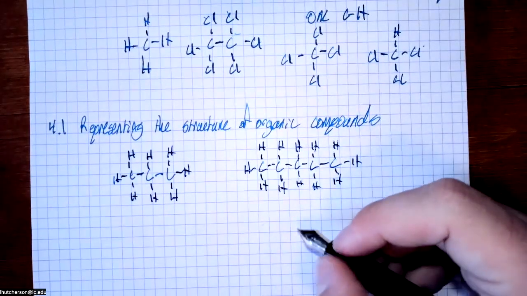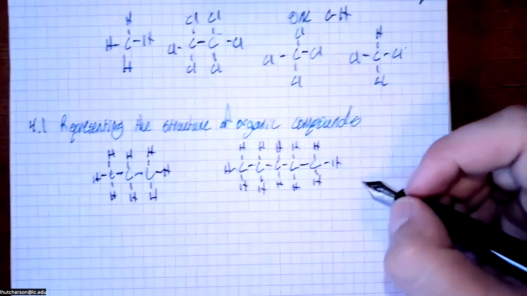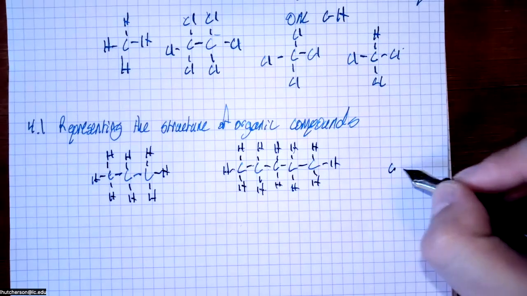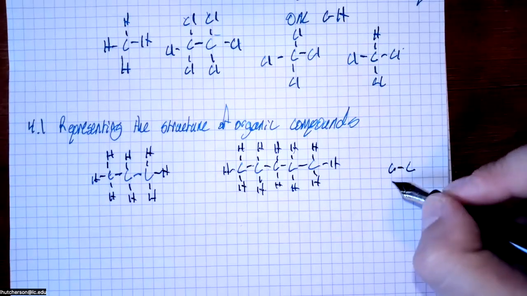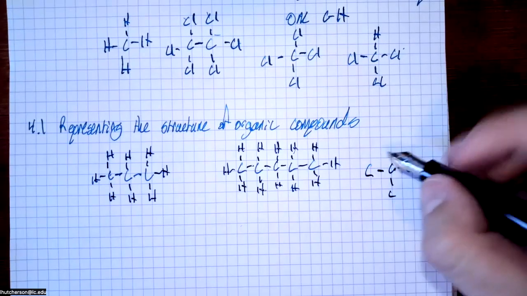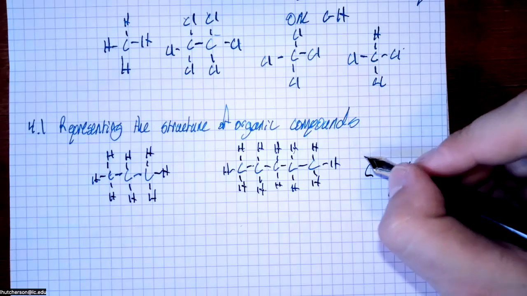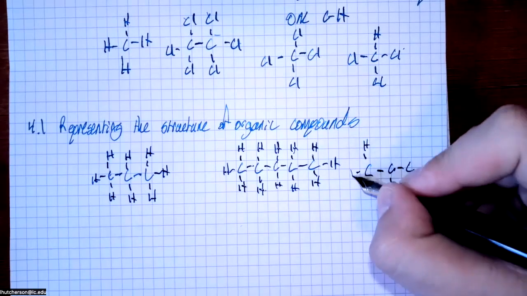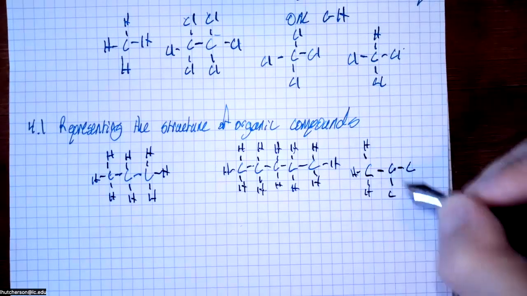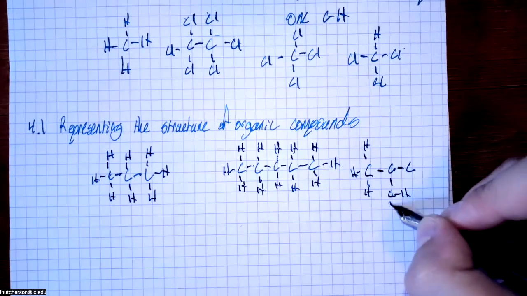Let's get a little bit more complicated with these structures. What if I have, let's say this. Okay, this carbon, we show 1 bond, so 3 hydrogens on it. This one, 1 bond, so 3 hydrogens.